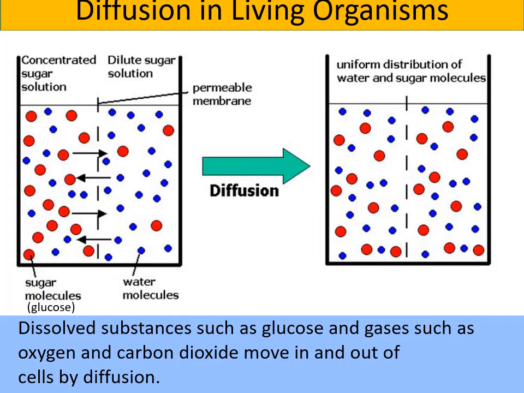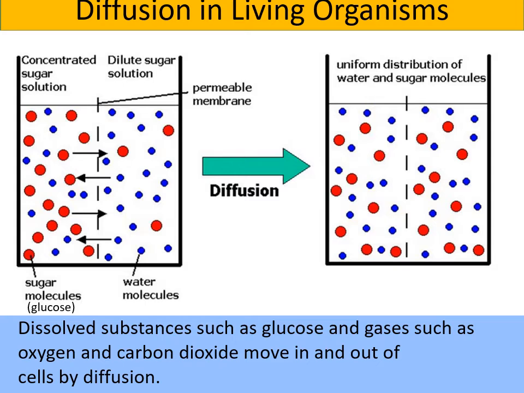So how does diffusion work in living organisms? Imagine we have some sort of container and a concentrated sugar solution. Let's take a look at the container on the left. Initially, we have a lot of sugar molecules. Let's say it's glucose, which is the sugar molecule, the red ones. So you've got a lot of red sugar molecules on the left-hand side of that diagram.